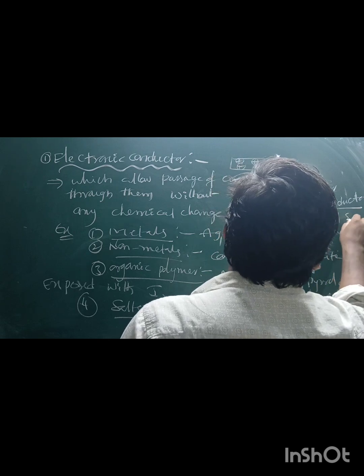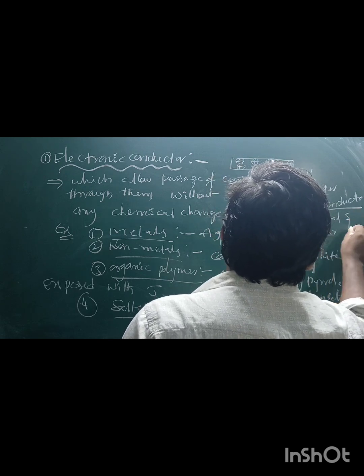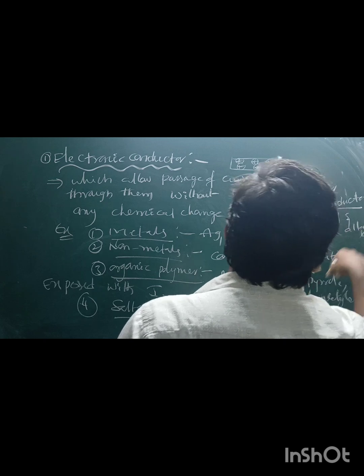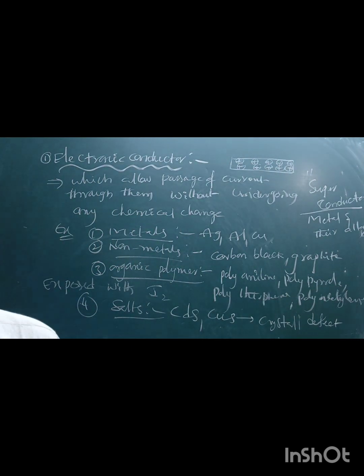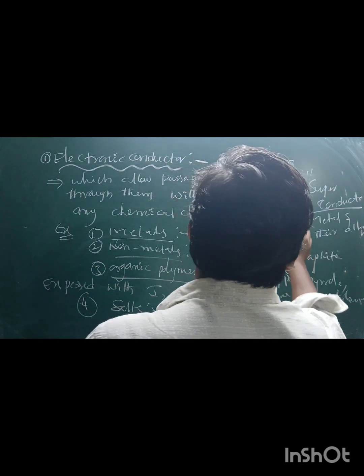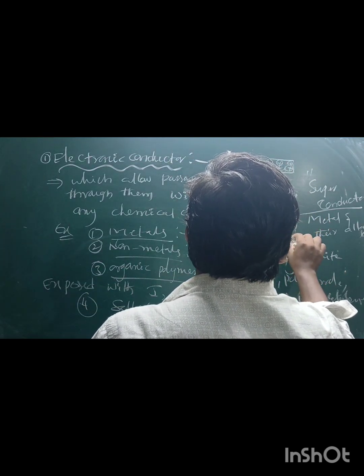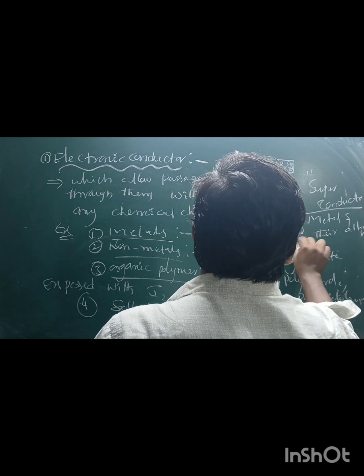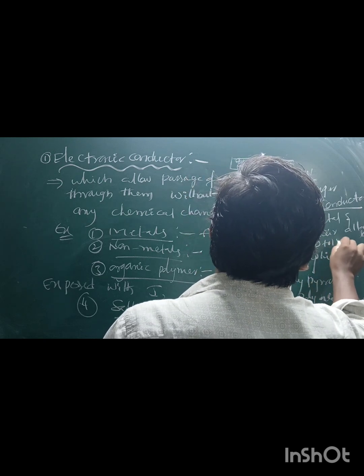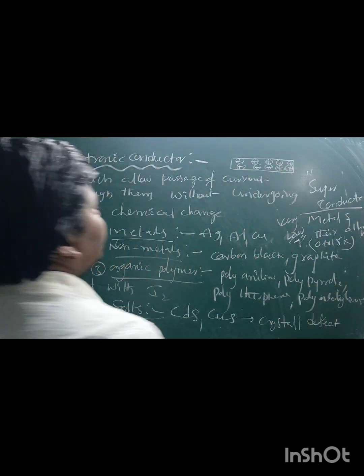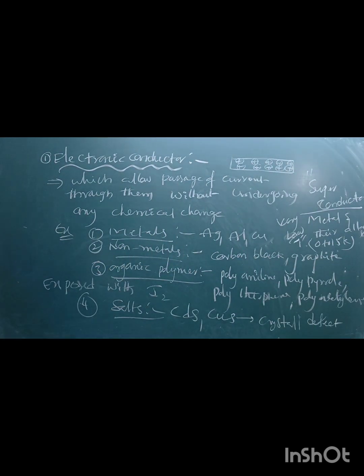Some metals and their alloys which at very low temperature, that is 0 to 15 Kelvin, show this behavior. Also ceramic materials and mixed oxides show superconductivity at temperatures around 150 Kelvin.